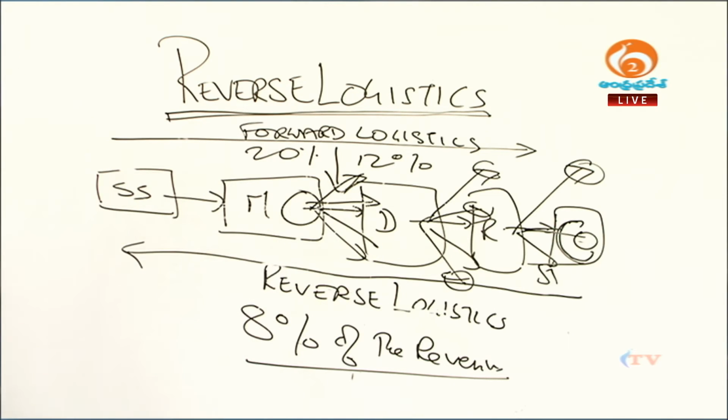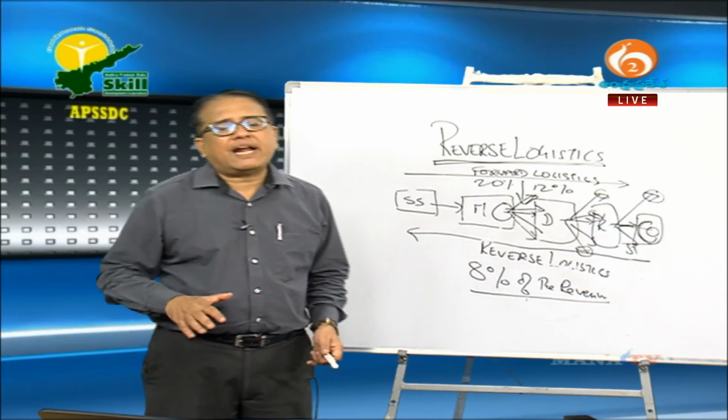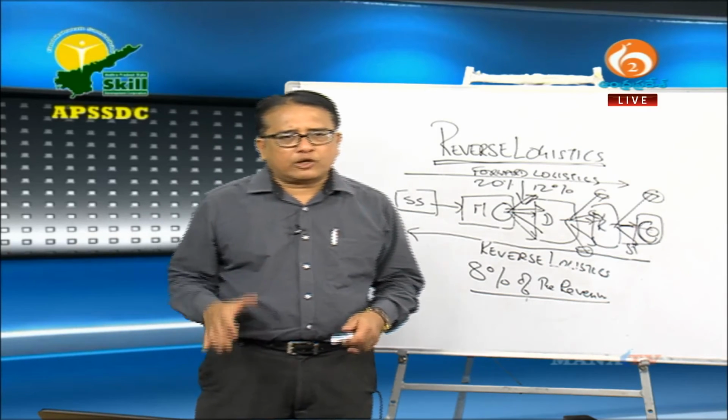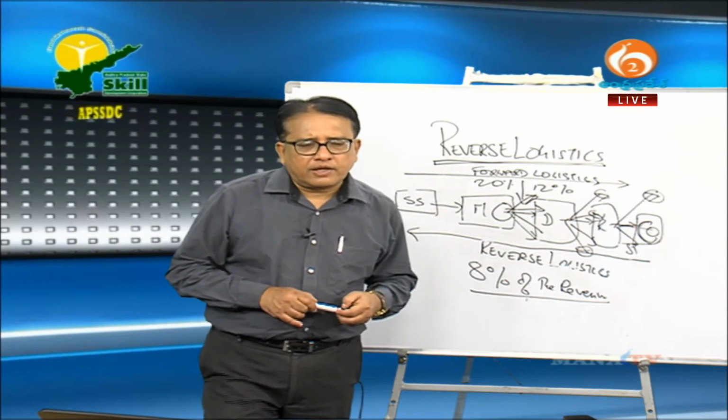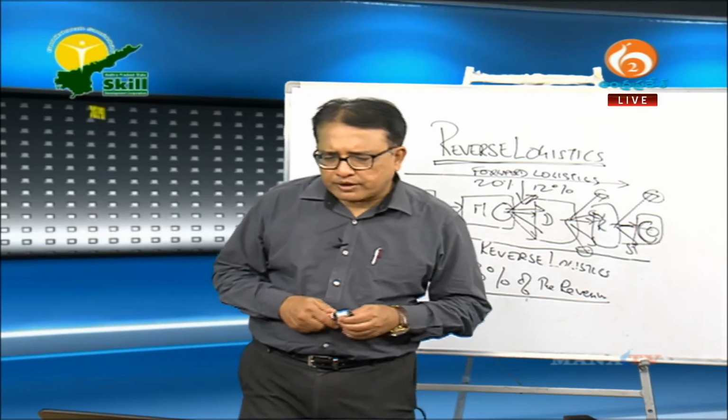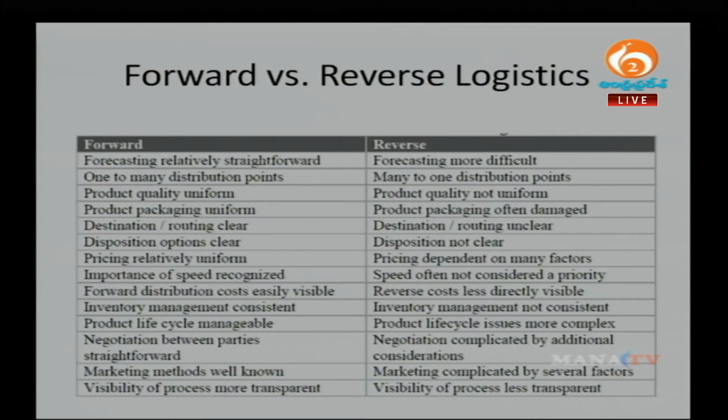Reverse logistics is always very complicated and it cannot be planned in advance. That is the biggest problem with all logistics managers, that they cannot plan the reverse logistics process. Let us go back and see the other points as well. Marketing methods are well known, whereas in reverse logistics marketing is complicated by several factors.